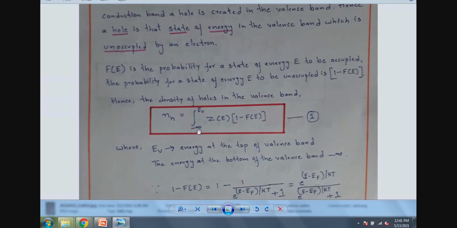So instead of f of E, put 1 minus f of E, the probability that the state of energy is unoccupied. Put it as equation 1. Now let us find the value of z of E and 1 minus f of E. If you know the two values, you can get the density of holes in the valence band.